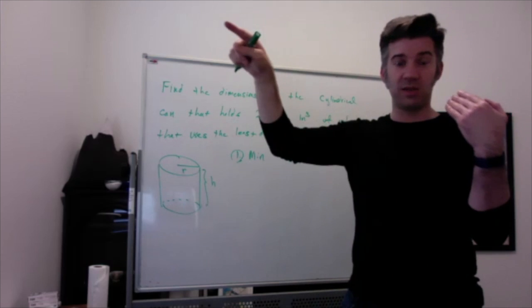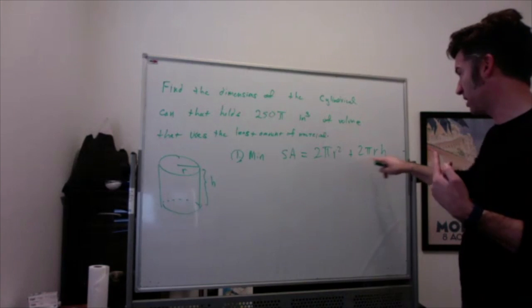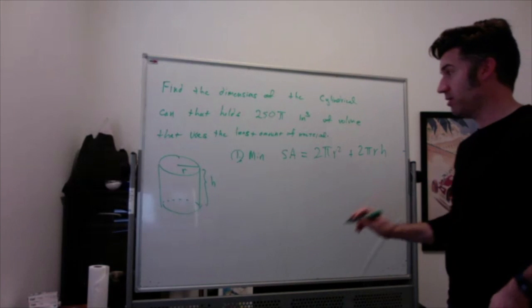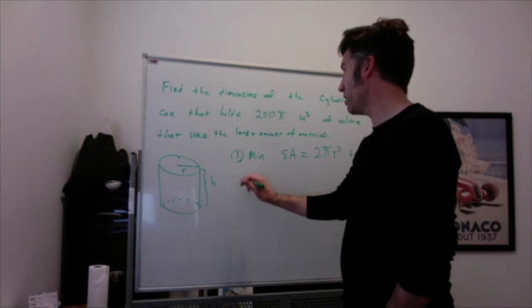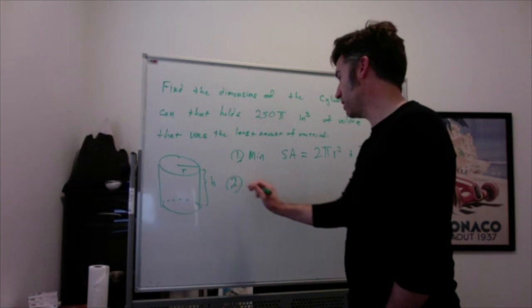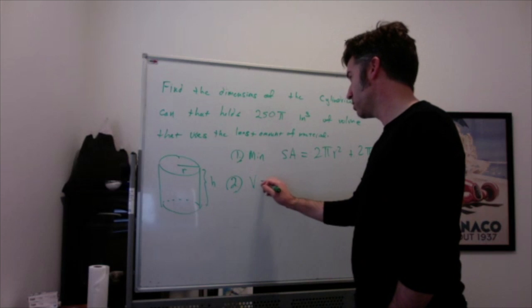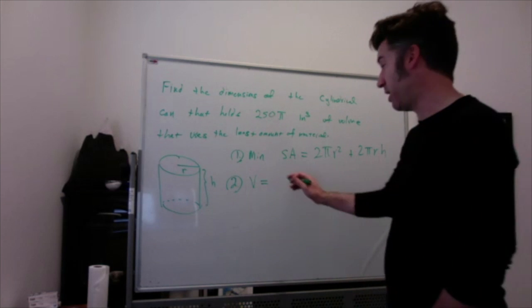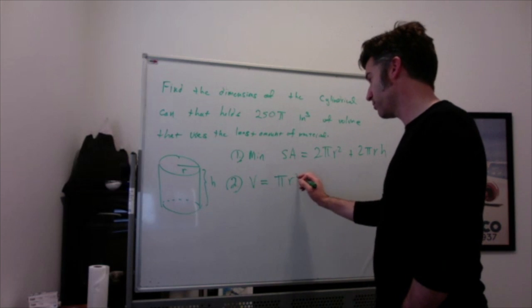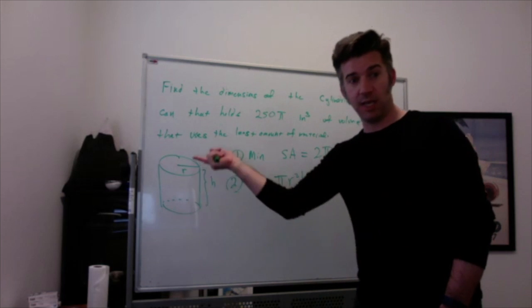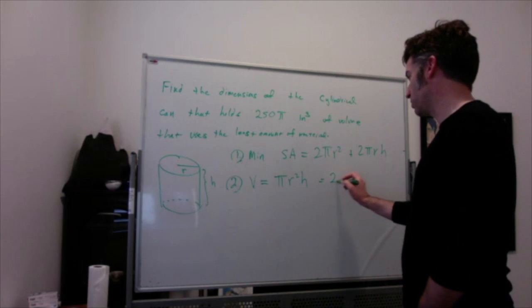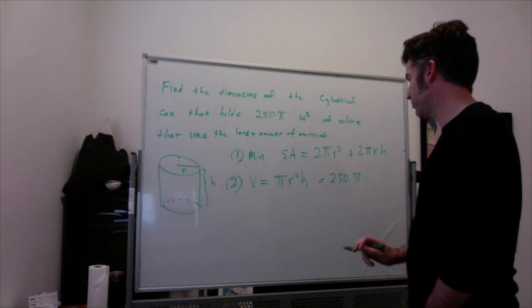The length is the circumference, which is 2 pi r. So it's 2 pi r times h. All right. And I have a constraint. My constraint is that the volume, and the equation for volume is pi r squared h, the base area times the height, has to equal 250 pi.